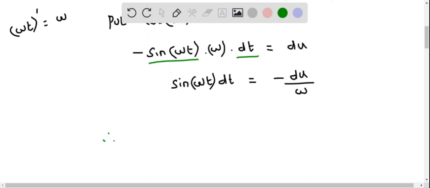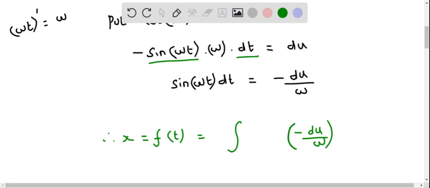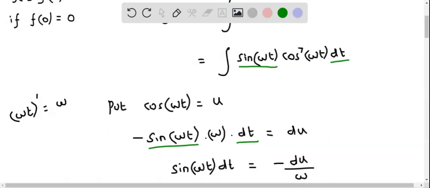Therefore, our position function, that is x equals f of t, equals, in terms of the u function, negative du by omega. Now I replace for cos omega t.